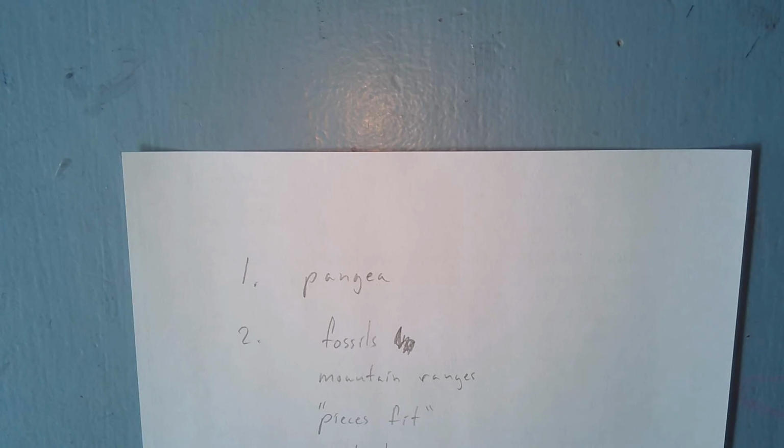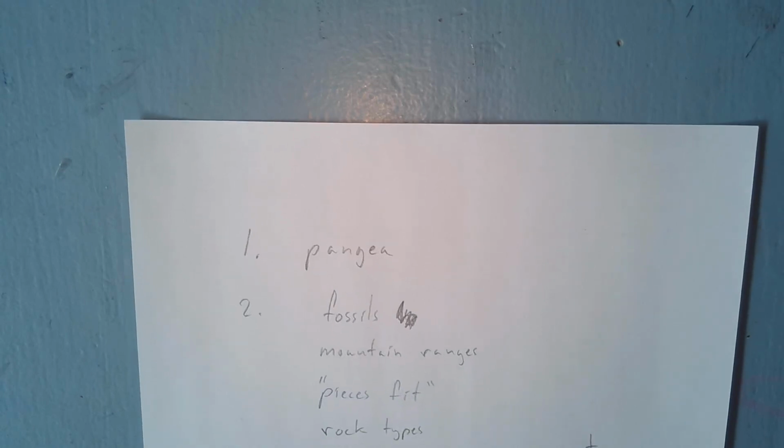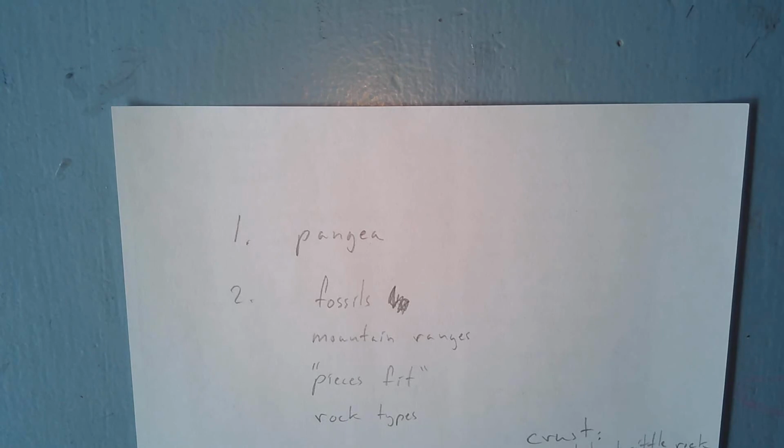And then finally, another piece of evidence would be the rock types. This is the same thing as the fossils. When we have different layers of rock, we refer to that as strata. Again, you're seeing similar types of rock in adjacent continents.